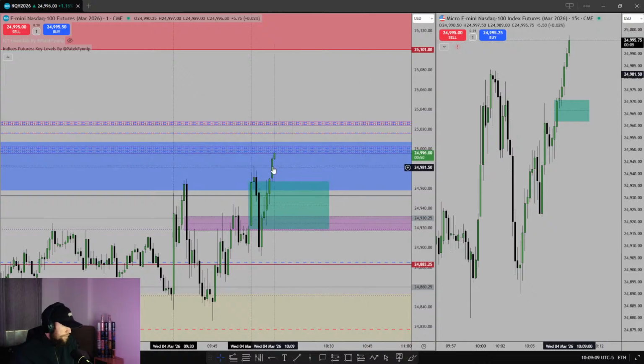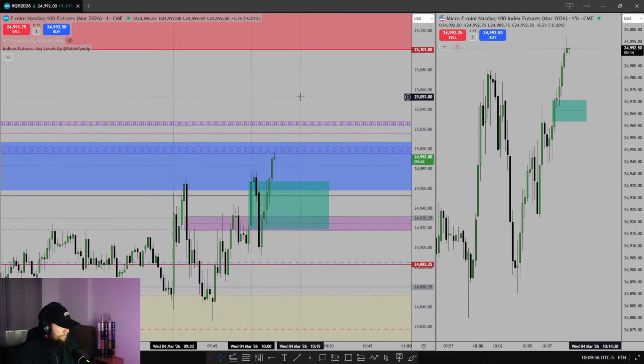All right, so we have a busy right in the middle of the inversion fair value gap. I kind of like that. Let's see how the next candle is going to close.